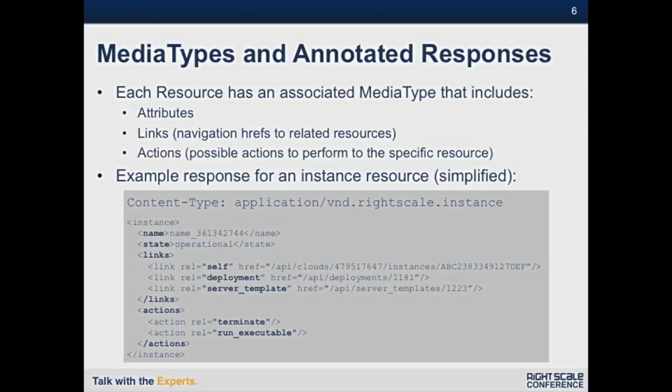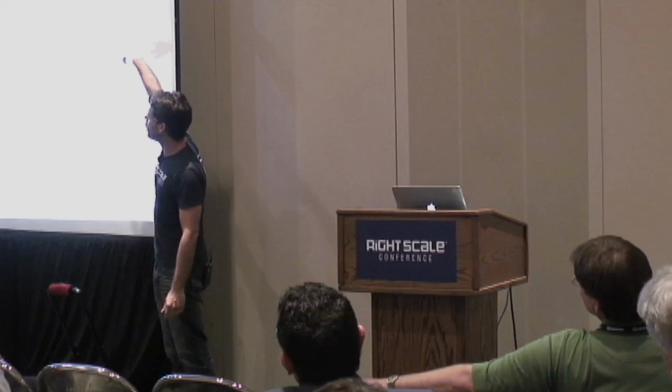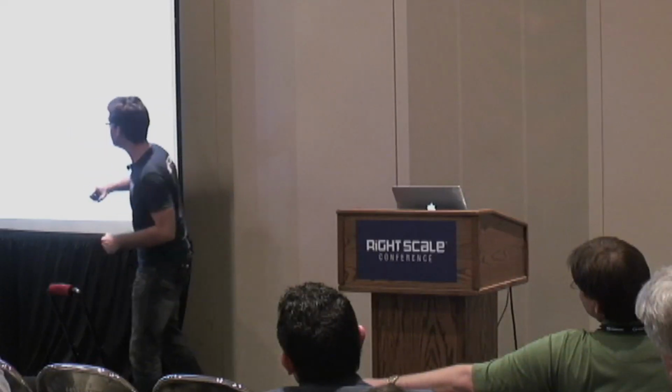All right, so that's the feel of what this new multi-cloud API looks like. Let's take a look at how you actually use it, starting with what the media types are, in case you are not very familiar with them. A media type means that we specify for each resource type the different properties that you're going to get as a result. Let's take a look at an instance.